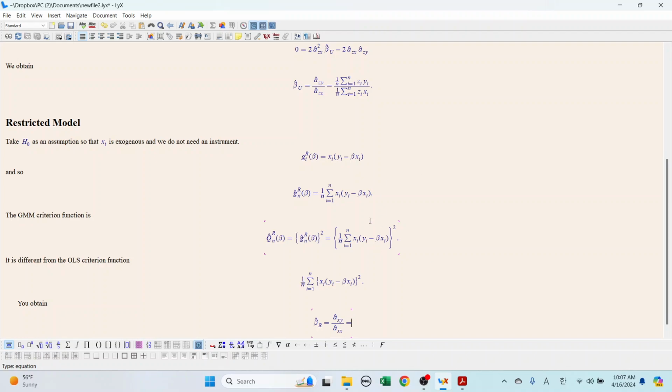So just replace z with x, and you get the OLS. This is the OLS formula when all the variables are mean zero. If everything is demeaned, then you get this formula.